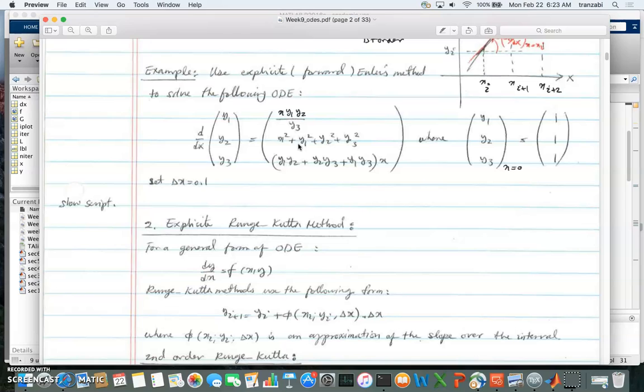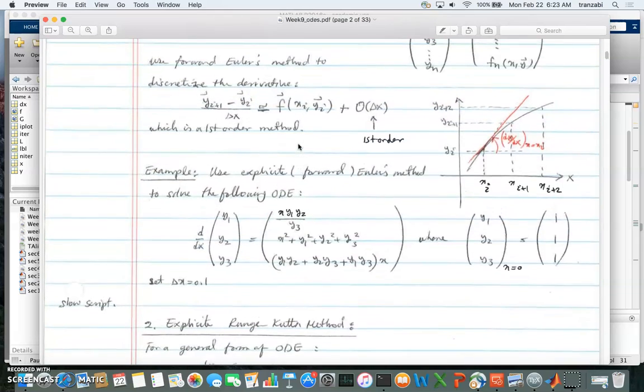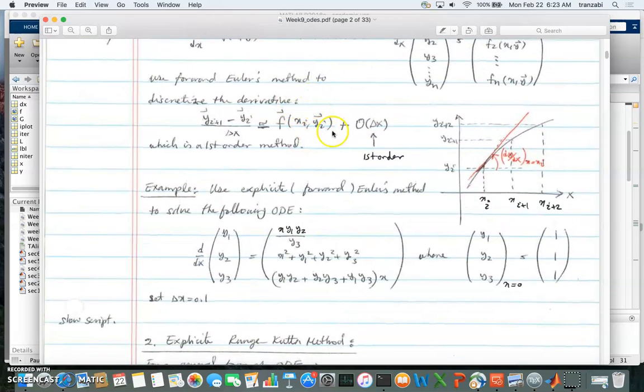Okay, so there's a problem actually with the forward Euler method, and that is the error is on the order of first order. So in the lecture notes, I indicated this by order delta x, which means the error that we get from solving a differential equation using this approach is first order.